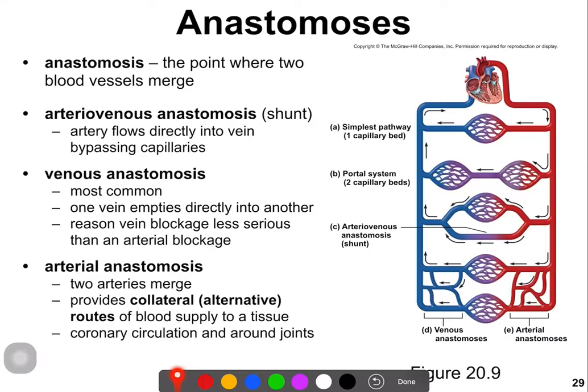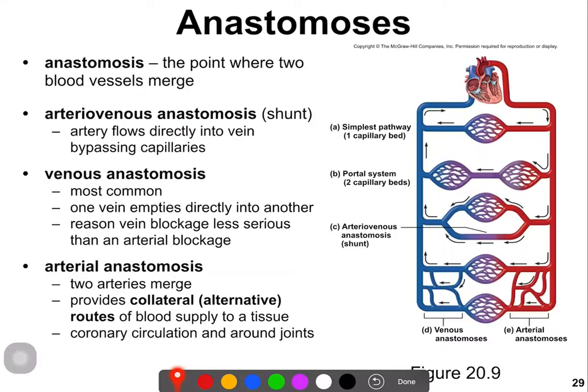We can have arteriovenous anastomoses, and that's where blood goes straight from an artery into a vein, and you bypass the capillaries. You can have venous anastomoses. These are more common. In this case, one vein empties directly into another one.